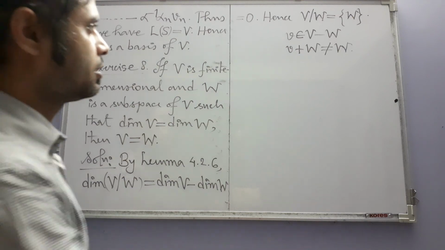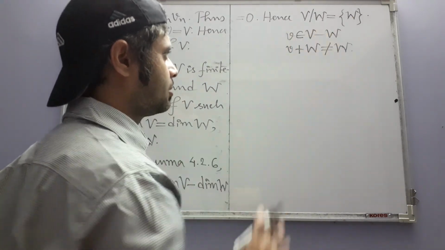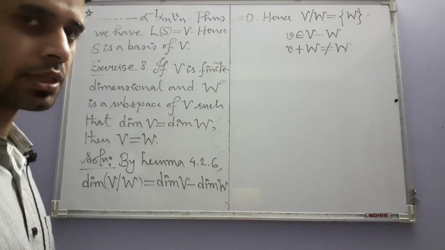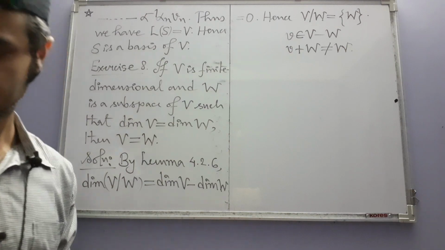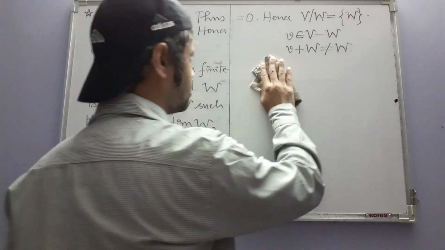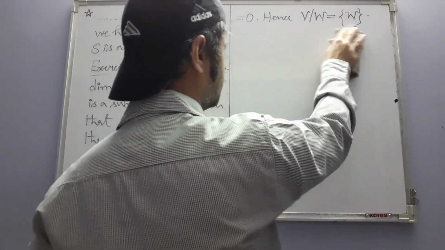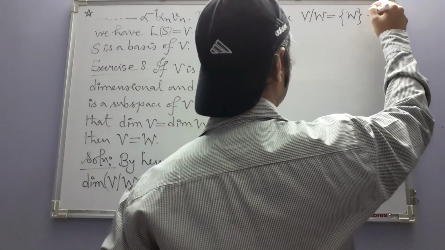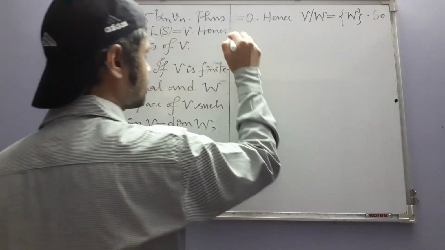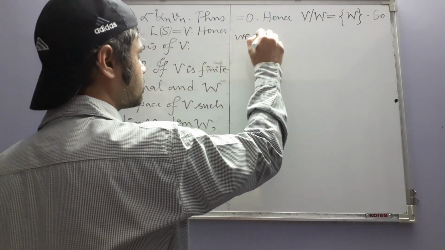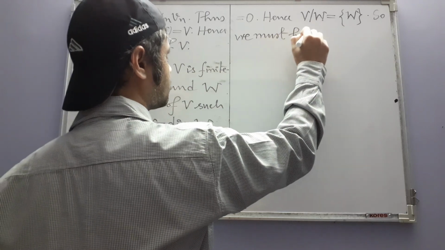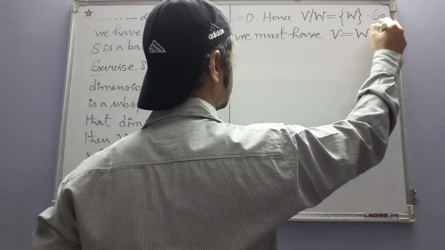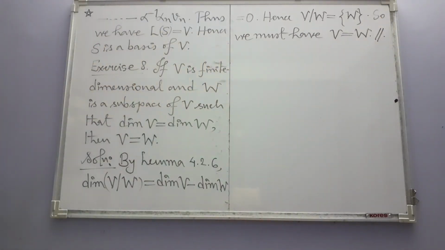So we cannot have anything in V outside of W. That is, V is all of W. But we of course won't write these elementary things in the solution. We just simply write, so we must have V equal to W, and this completes the solution.